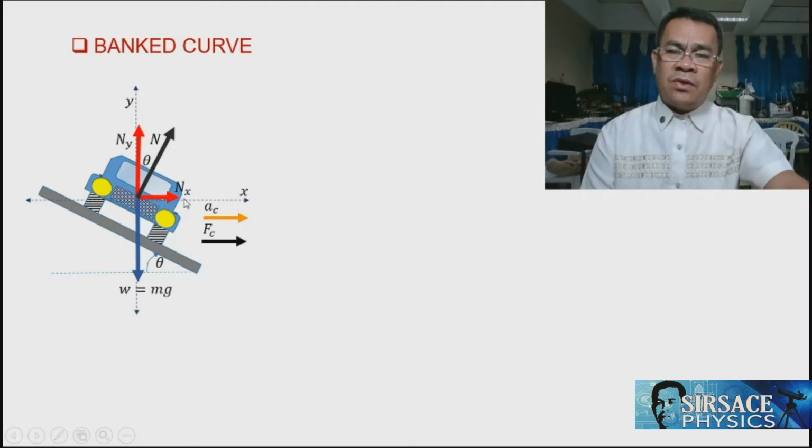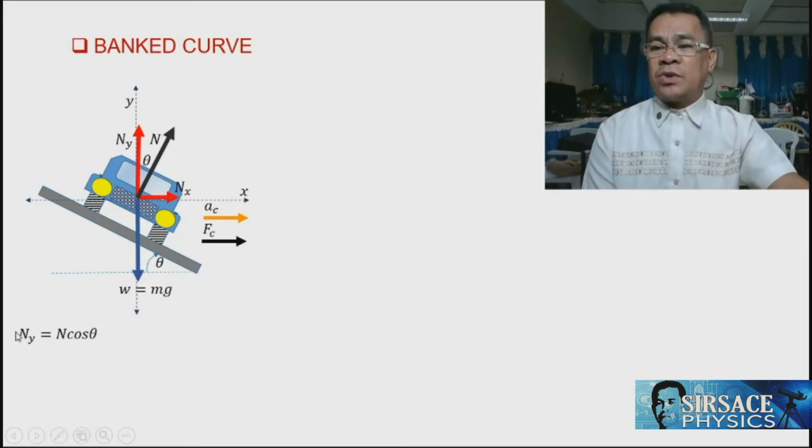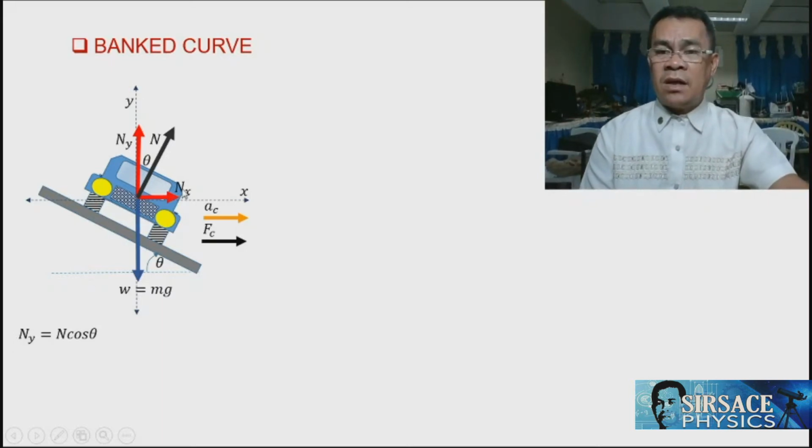So, we notice that Nx is directed towards the radius of the circle, which means that this is our centripetal force. Now, we need to resolve N into its components, so we have to solve for Ny, and we have to solve for Nx. So Ny in this case, since Ny is adjacent to this angle, we have this as cosine.